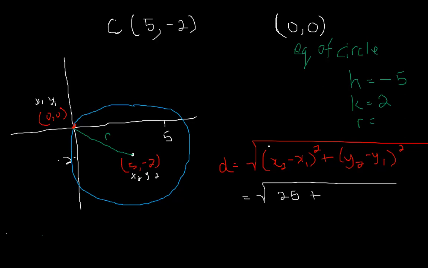So that's -2 minus 0 is -2. And -2 squared is 4. 25 plus 4 is 29. So the length of the radius is root 29 units. Everybody understand that? Okay, let me know if you don't understand that.